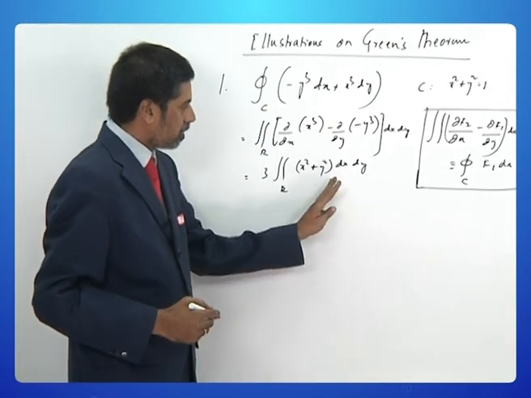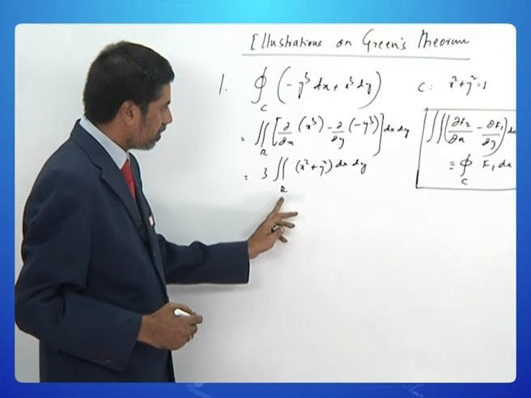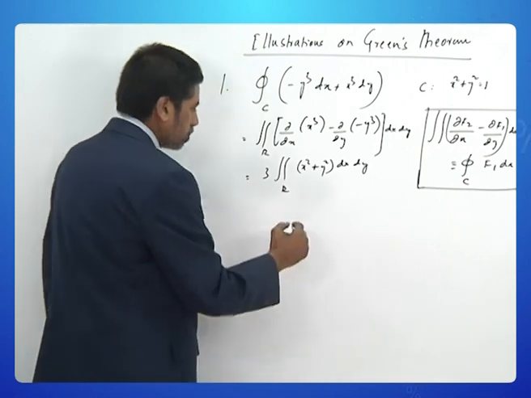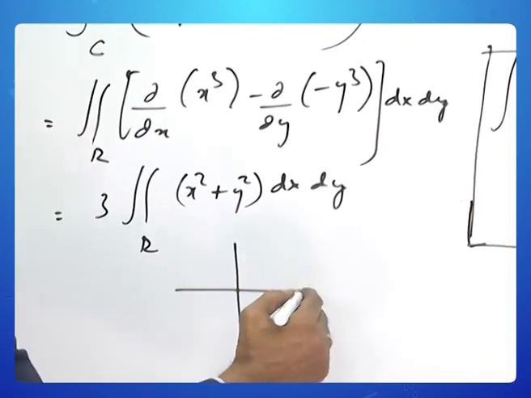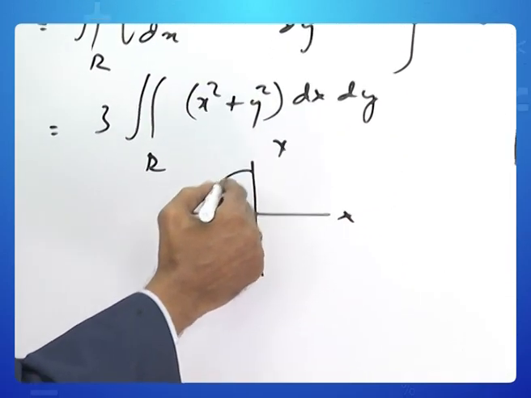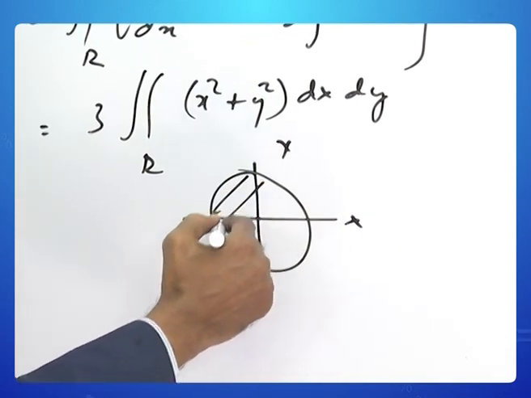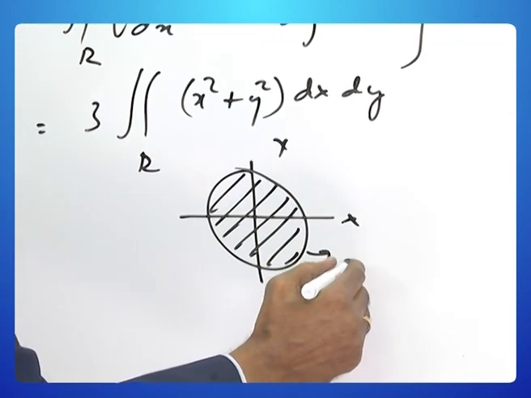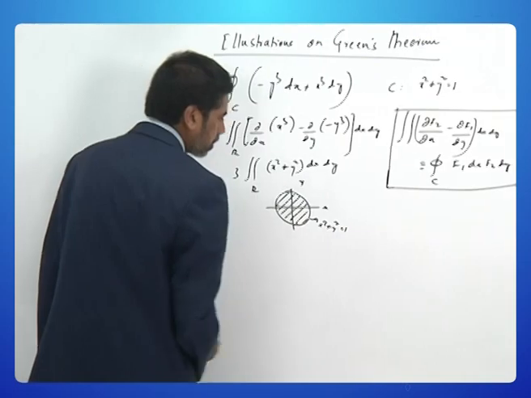So it is this which we'll have to evaluate. And what is the region of integration? It is the region enclosed by this circle. So the region of integration is a unit circle whose equation is x square plus y square is equal to 1.